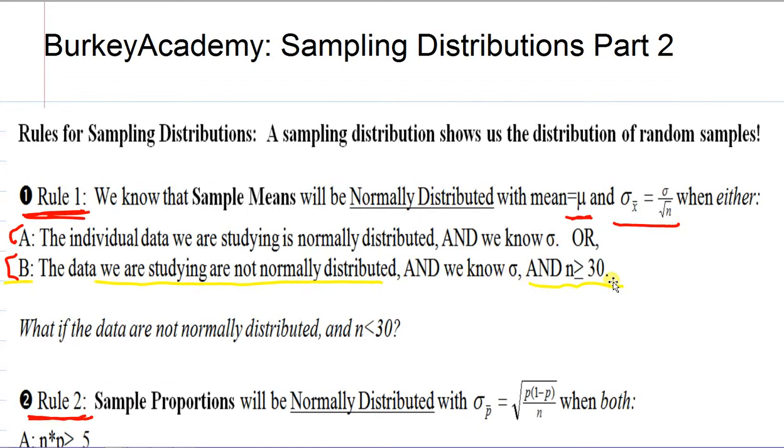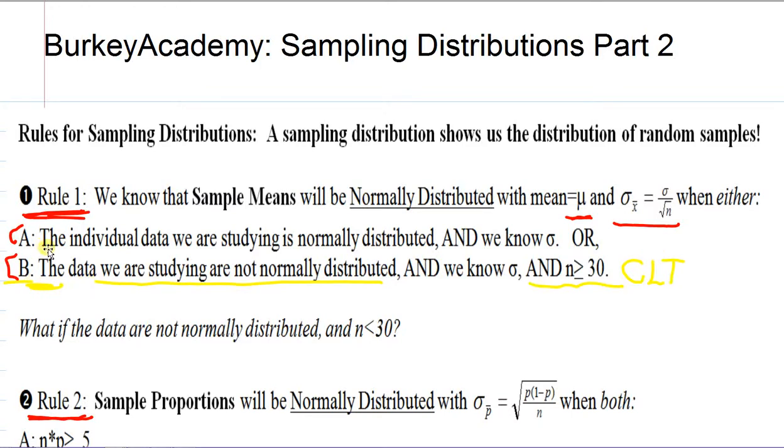So what we're doing in Rule B is we're using the central limit theorem, CLT, that says if you add up or average a large number of things, those totals or averages will have a normal distribution. So that's what B is taking advantage of.